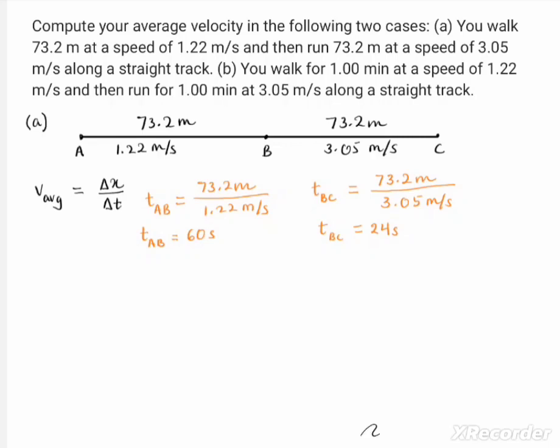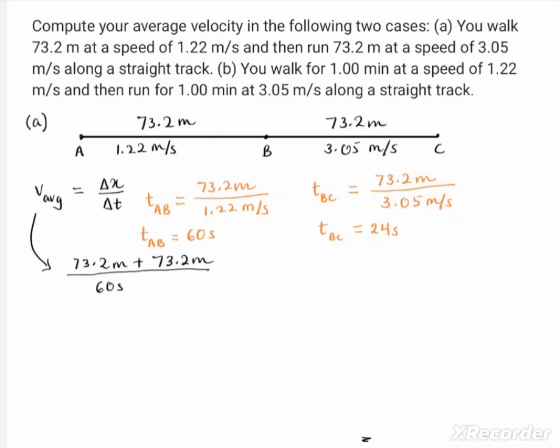So let's go back to our equation here. From here we have delta x. This delta x is from A to C, so we need A to B plus B to C displacement. A to B is 73.2 meters, and B to C is 73.2 meters, and the total time it takes is TAB plus TBC.